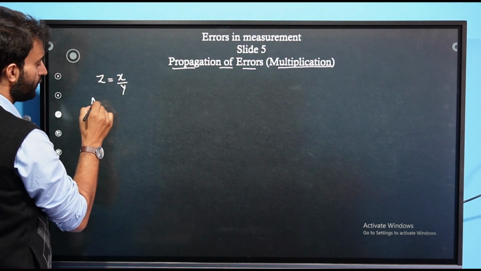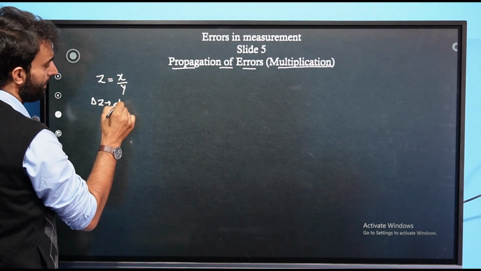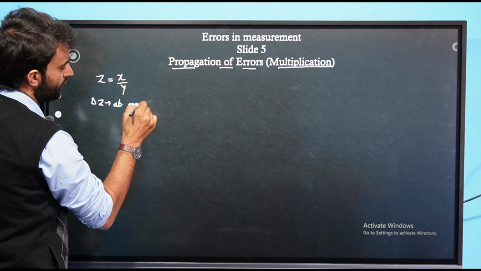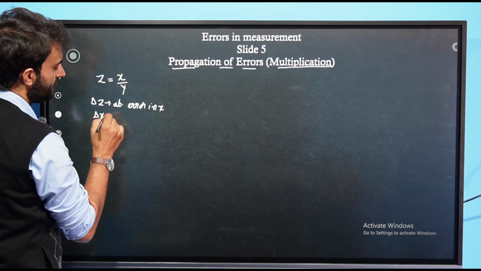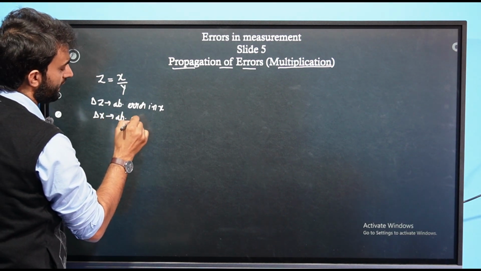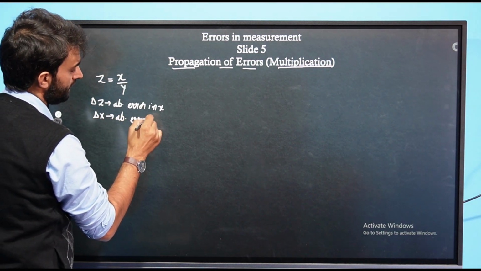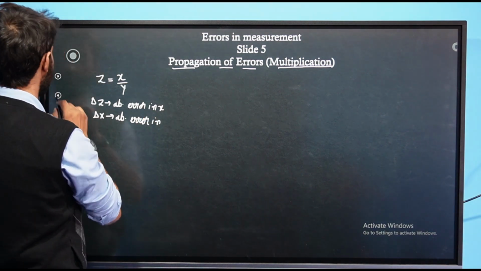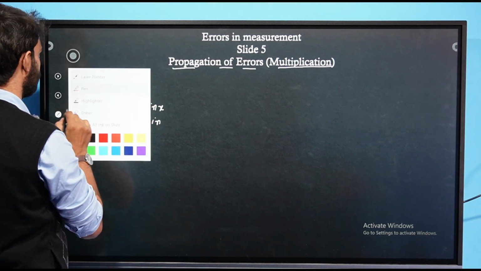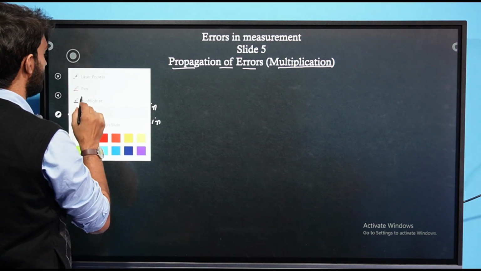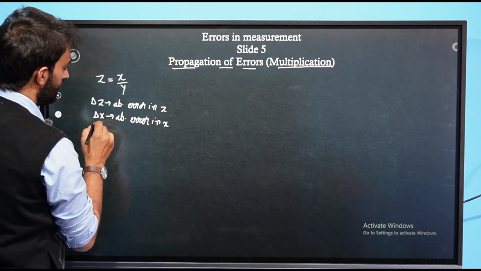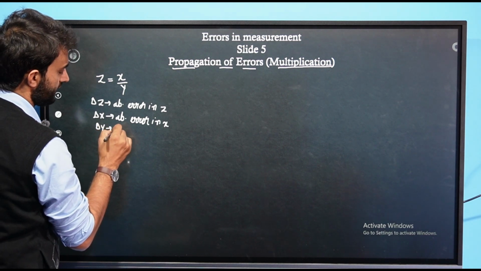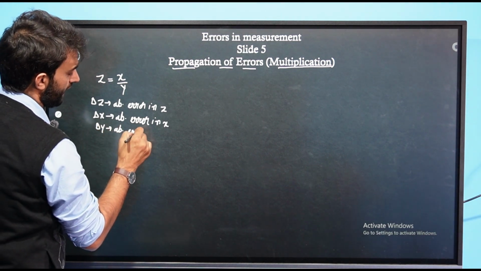Similarly, let us suppose delta z is absolute error in, sorry, this is absolute error in z, and this here is absolute error in x, and this delta y is absolute error in y.